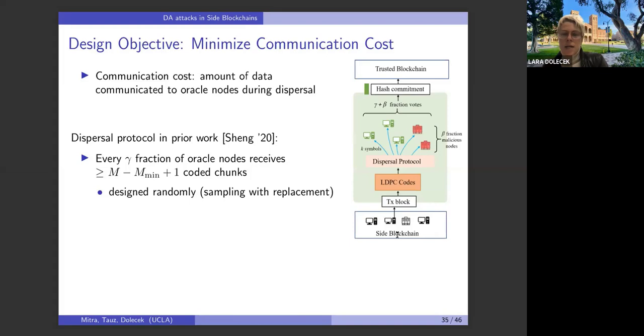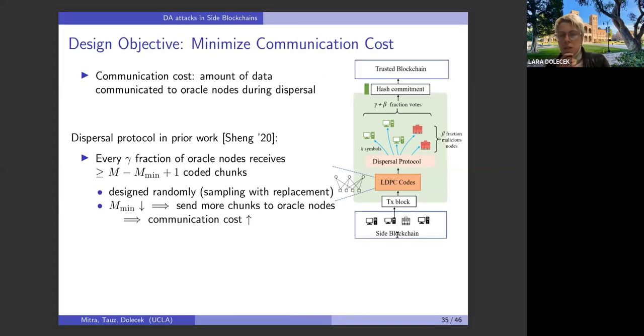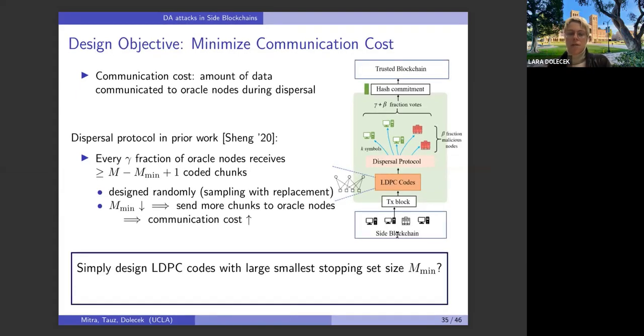And the solution there was to do this randomly, which is sampling with replacement. And of course, the issue here is that if the stopping set size is small, so if m_in is small, we need to send more and more chunks to oracle nodes, which of course then increases the communication cost.